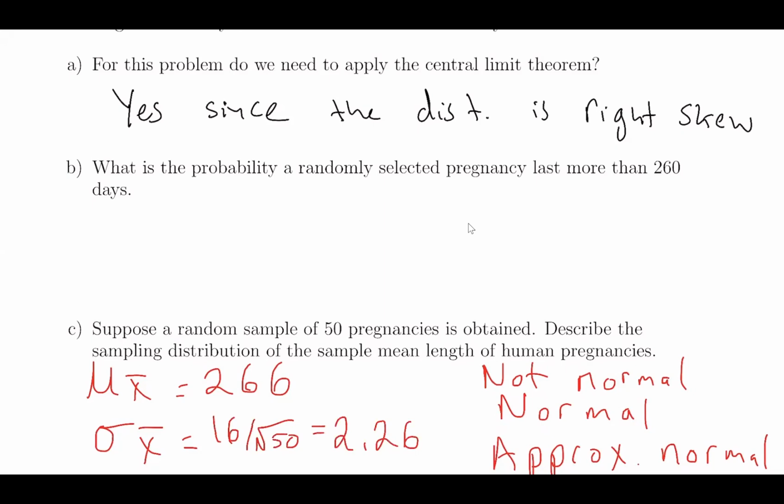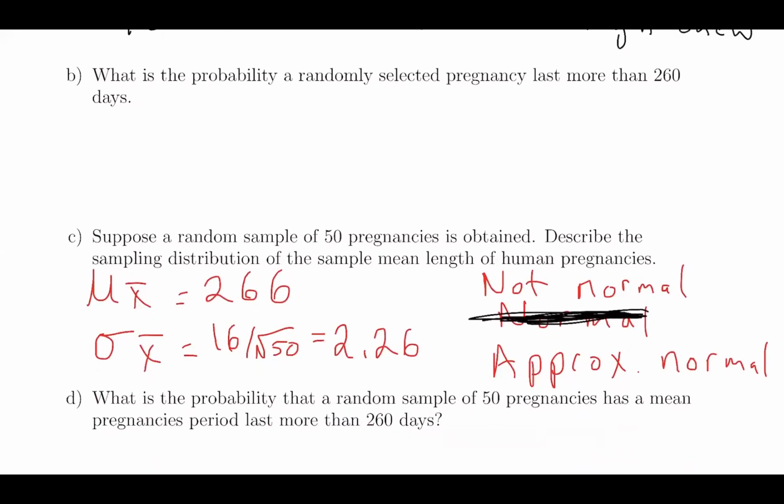Yes. All right, so now we have to figure out if this is non-normal, normal, or approximately normal. First we have to figure out if this is normal. Does the problem tell us it is normal? No. All right, so it's not normal. So now between non-normal and approximately normal, we have to apply the central limit theorem.